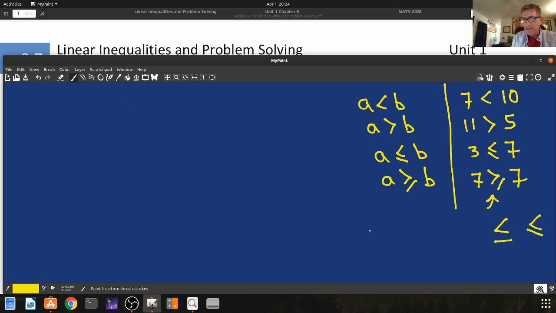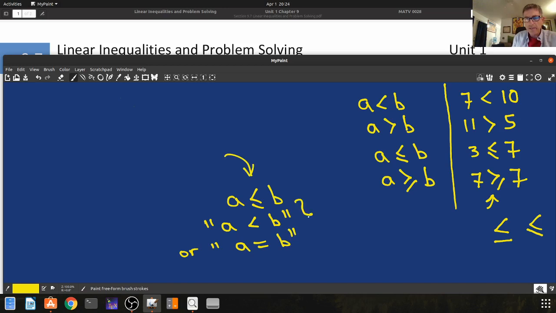They're the same. A is less than or equal to B means two sentences: A is less than B, that's one possibility, or the second possibility, A is equal to B. So this symbol combines these two possibilities into one symbol.